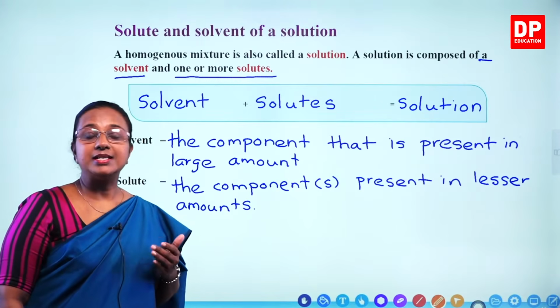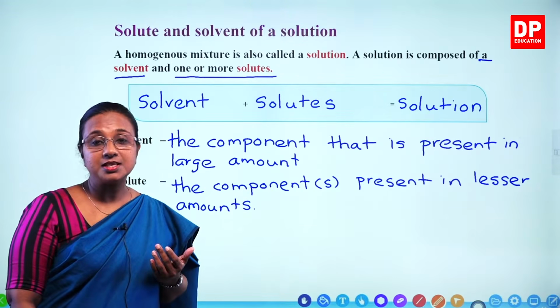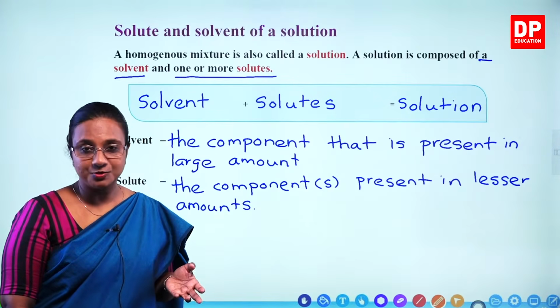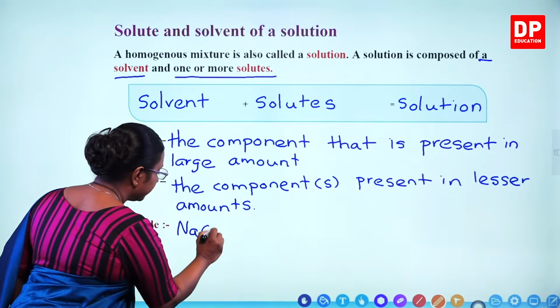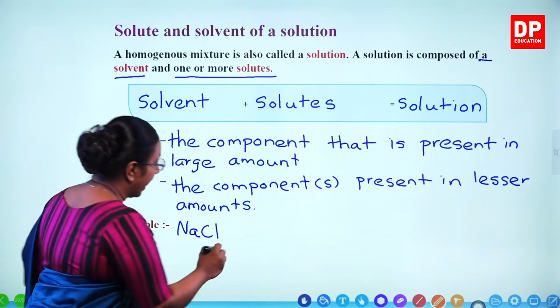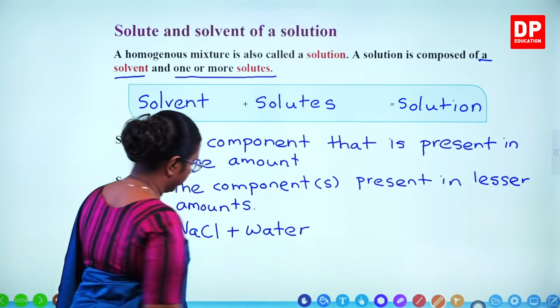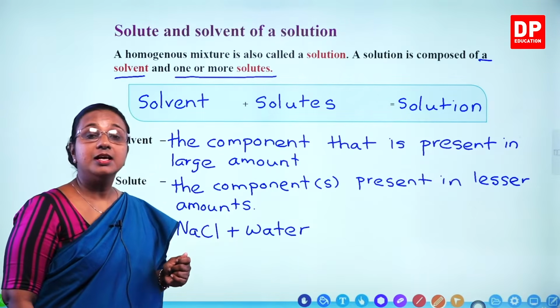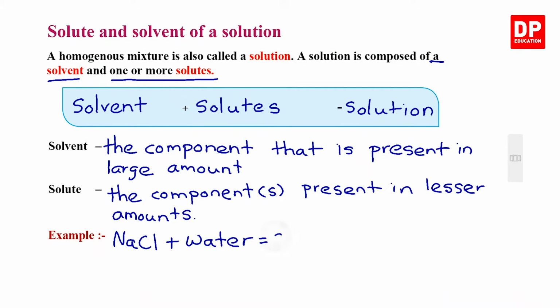So, if we look at some examples, we have been discussing mixtures. We'll consider the most common one, salt solution. In that, sodium chloride is the salt and water is the liquid component. Sodium chloride is the solid component, water is the liquid component. And you know this gives rise to sodium chloride solution.